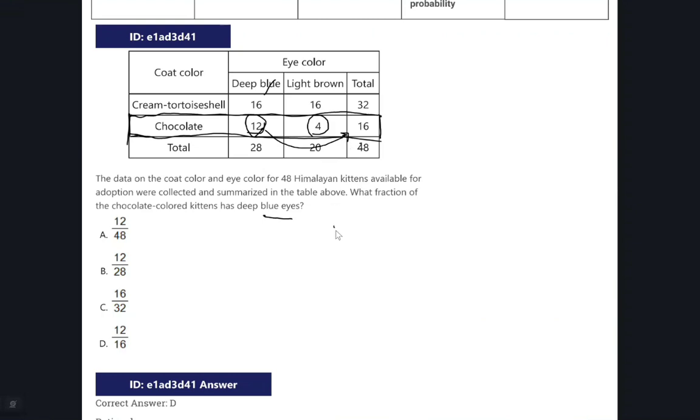So we have the desired outcome out of the total number of chocolate colored kittens. So the final answer is D.